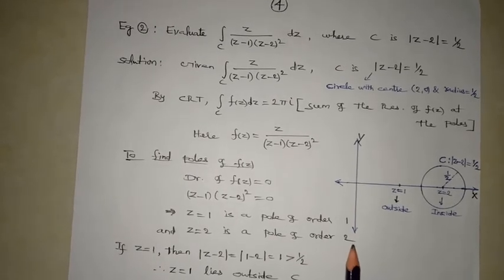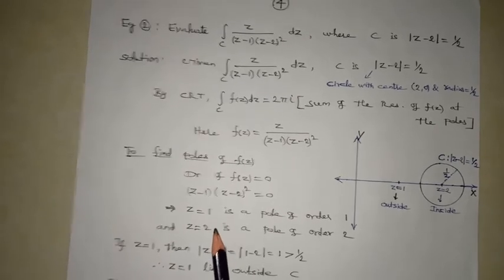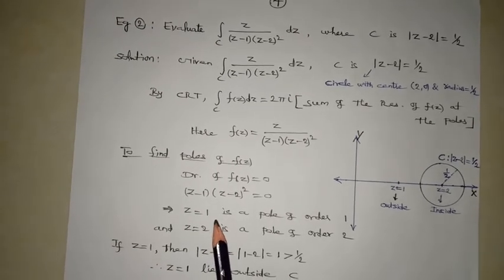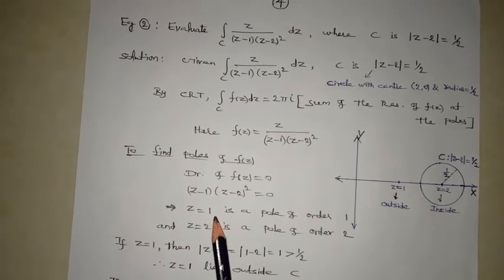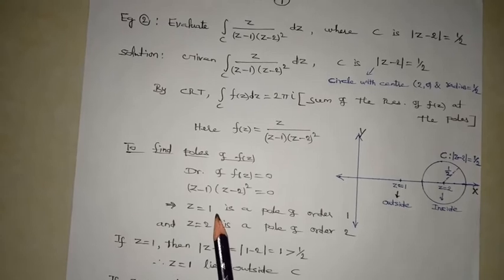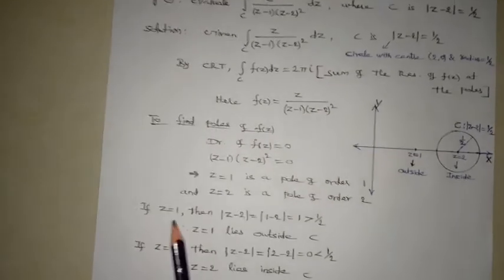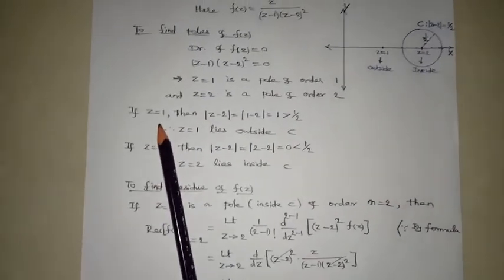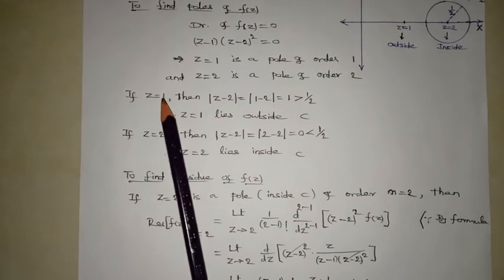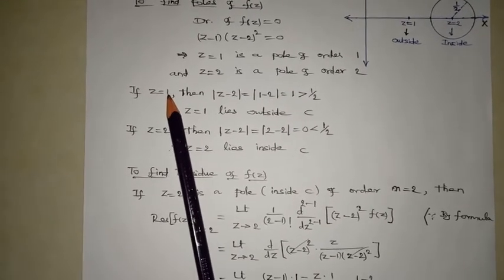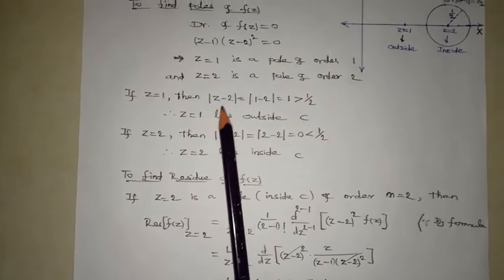Now we need to check what are the poles inside the circle C. If a pole is inside C, we need to find the residue corresponding to that pole. If it is outside, you don't need to find the residue of the corresponding pole. Now first we'll check for z equal to 1. You substitute z equal to 1 in the left hand side of the circle. What is the circle given in the question?